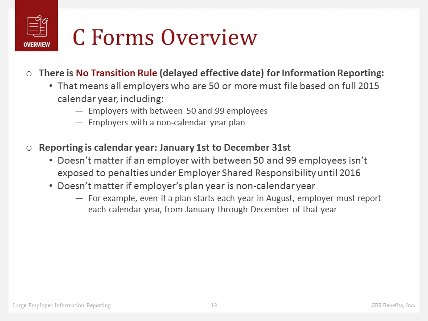That transition rule under employer shared responsibility that allows you not to be exposed to employer shared responsibility penalties until that effective date does not apply to information reporting. In other words, even if you're not exposed to penalties till later in 2015 or until 2016, you still have to report for the full calendar year of 2015 if you are 50 or more.